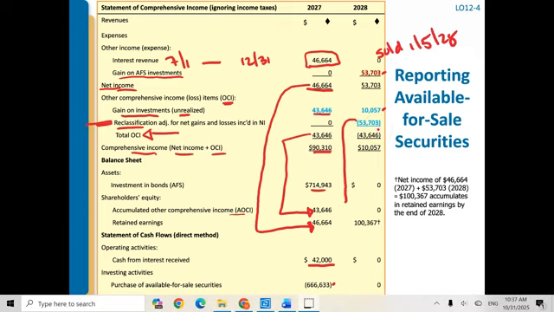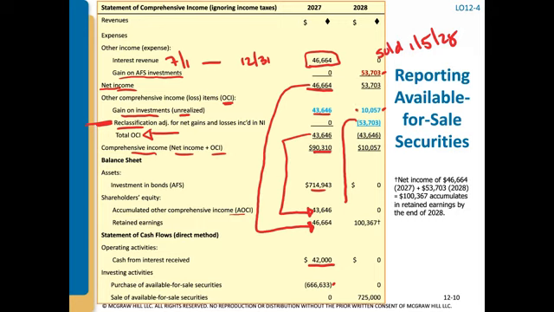Then what this statement presentation shows is that the 10,000 will be reclassified into the accumulated OCI, and then the accumulated OCI gets closed out by 53,000 to the fair value adjustment.